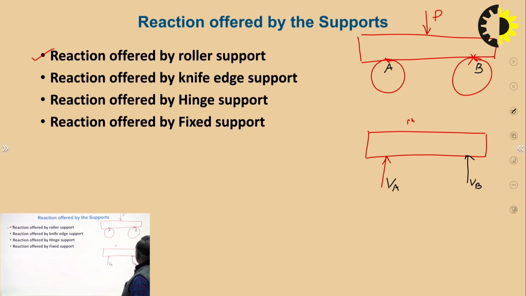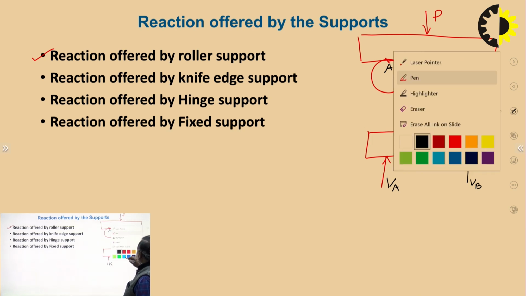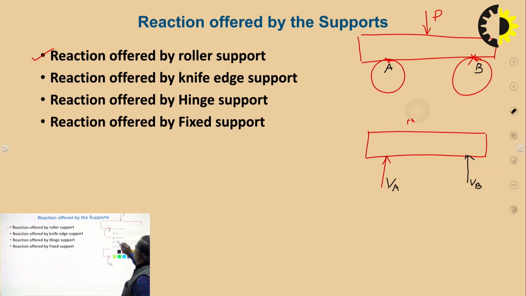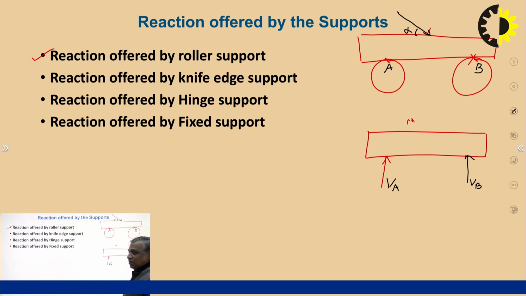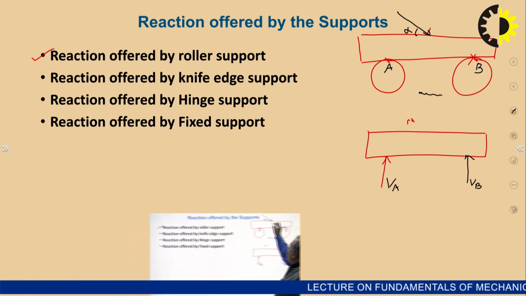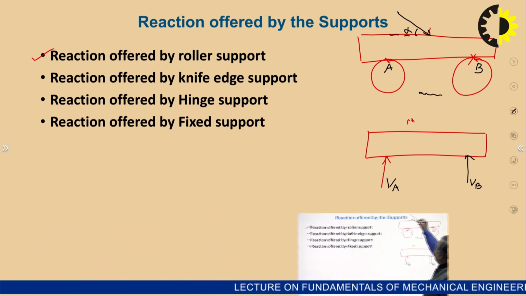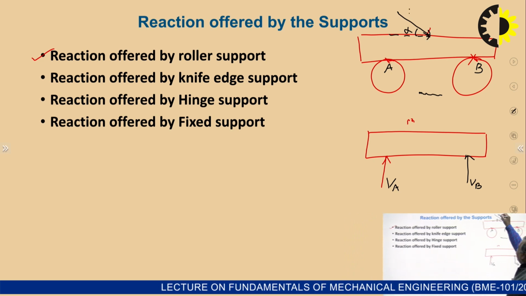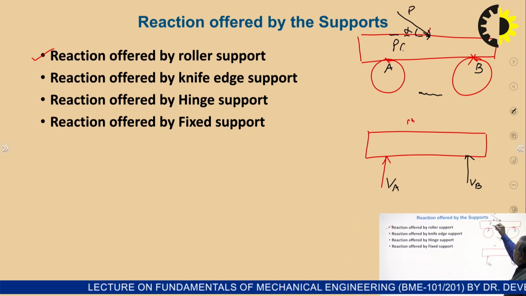If the force is not vertical, it is inclined at some angle alpha, then it will have two components. One is the horizontal component, if this is P, this is P cos alpha.